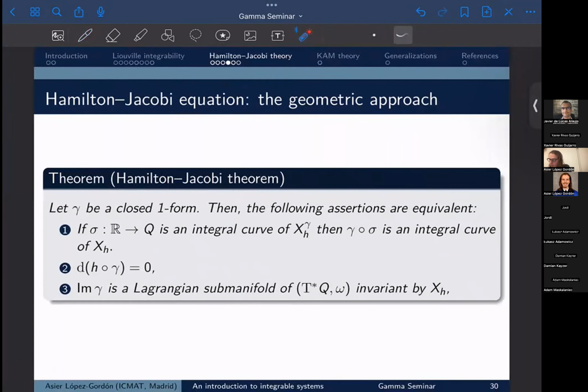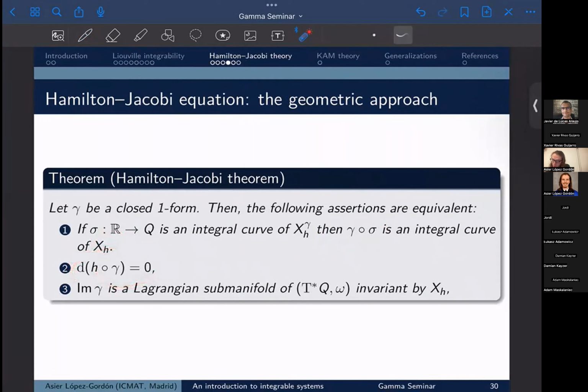And well, we have this theorem that if we have a closed one form, the following assertions are equivalent: gamma maps integral curves of the projected vector field to integral curves of the Hamiltonian vector field.